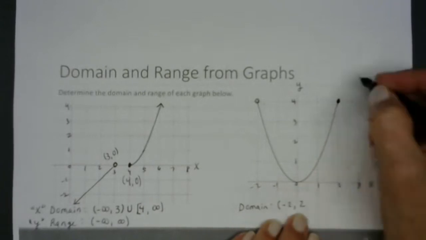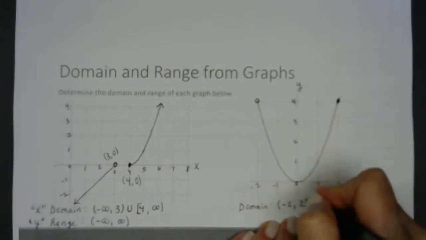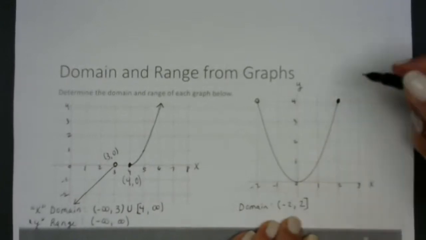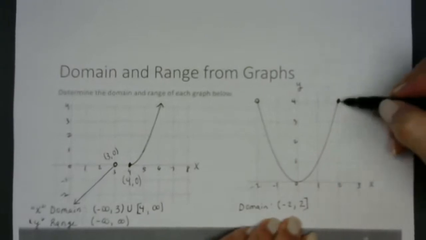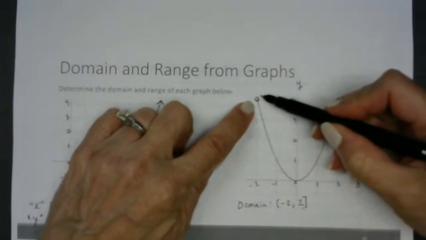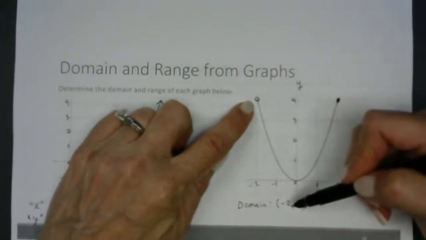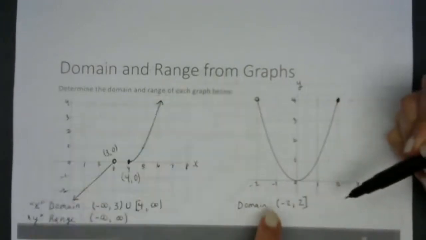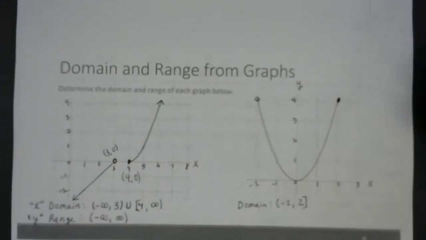So the domain is -2 to 2, and since I have that closed circle by the 2, I want a square bracket indicating that the value of +2 should be included in the interval. The open circle over here by the -2 is saying don't include -2 in that interval. So parenthesis by the -2, square bracket by the +2.